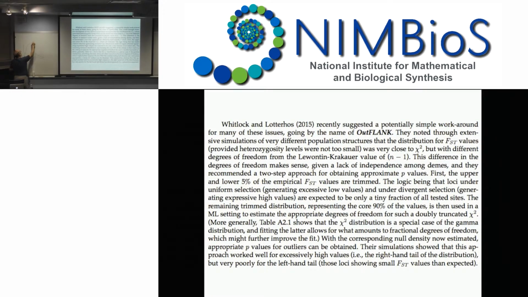And that should be F bar ST. And what they said is, well, if you have all these covariance structures, you're going to depart from that chi-square on the tails. But if you look at the middle of this distribution, so 5%, 95%, or some other region you want to look at, it's going to be better behaved.